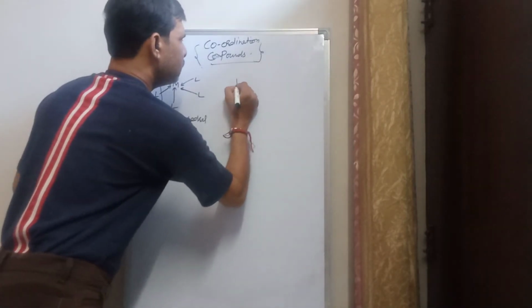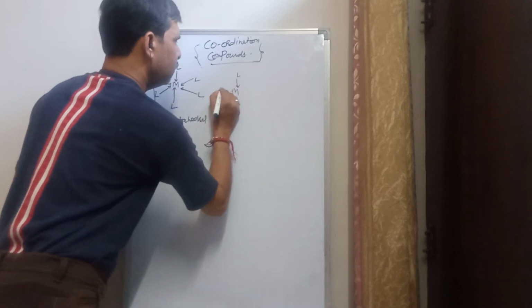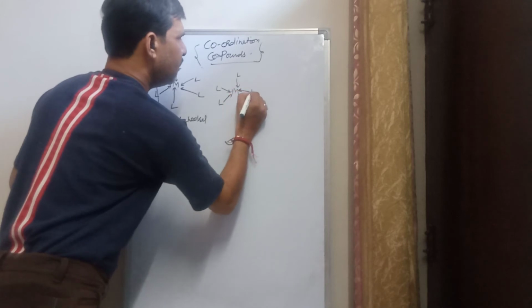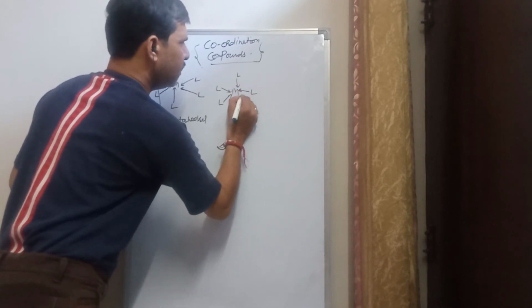In the case of square pyramidal, the ligand species around the central metal atom or cation in the coordination sphere are attached in this way.